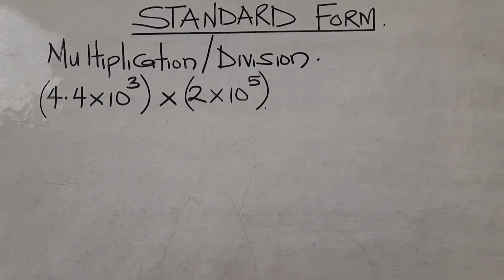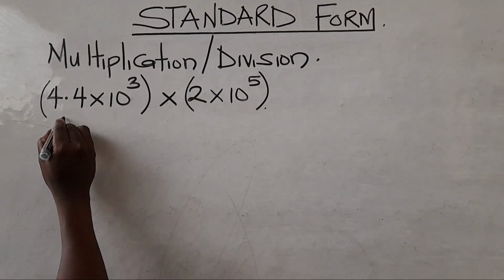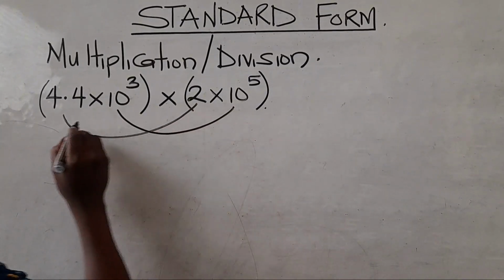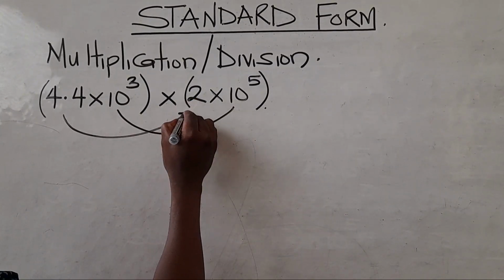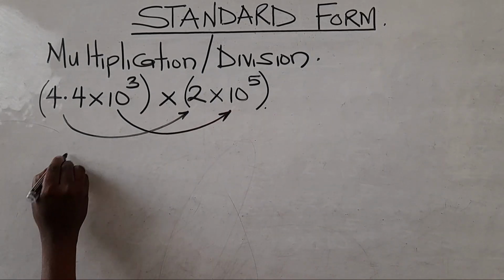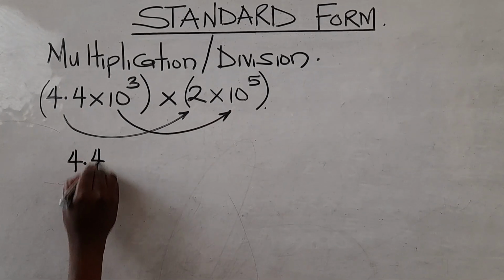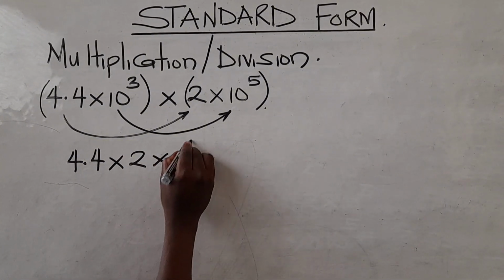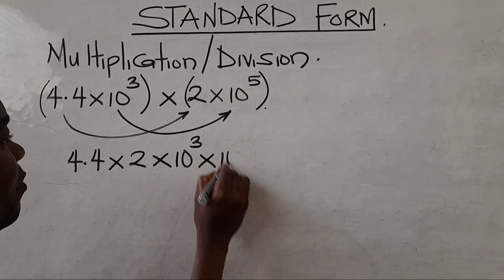For this, these two will go together while these two go together. So this will be 4.4 times 2 times 10 to the power 3 times 10 to the power 5.